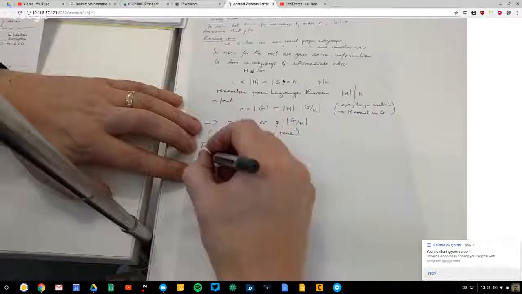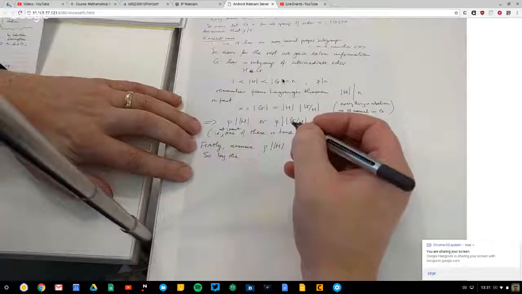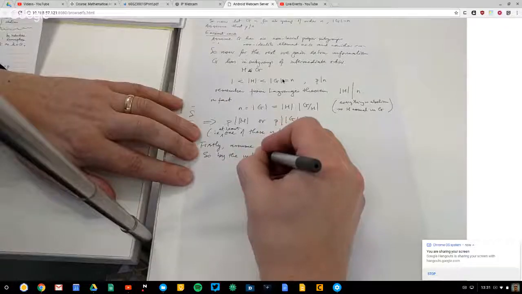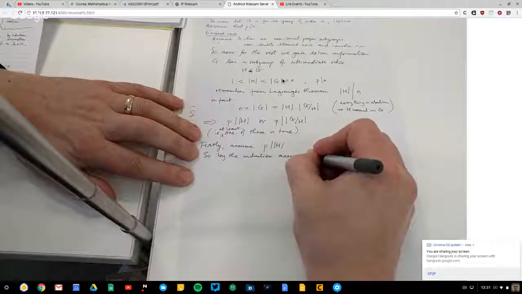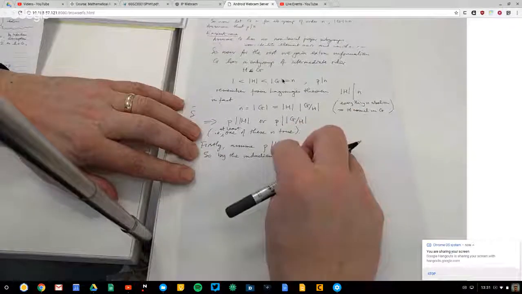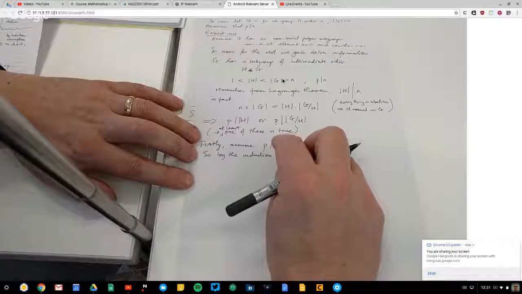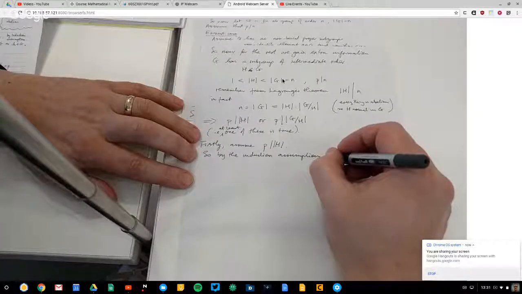So by the induction assumption, the lemma is true for this group H.